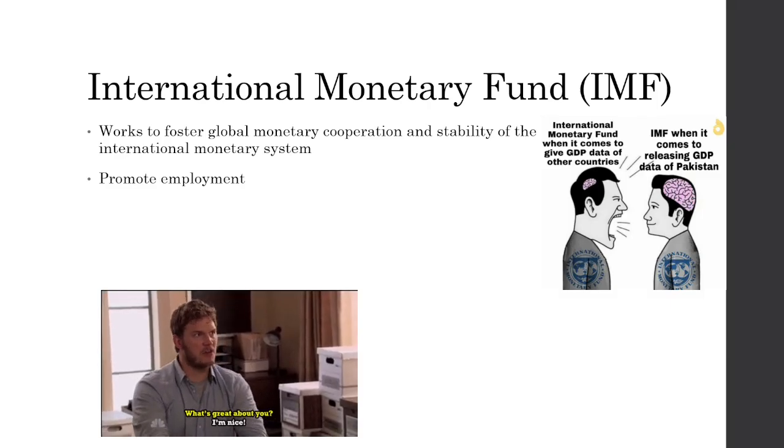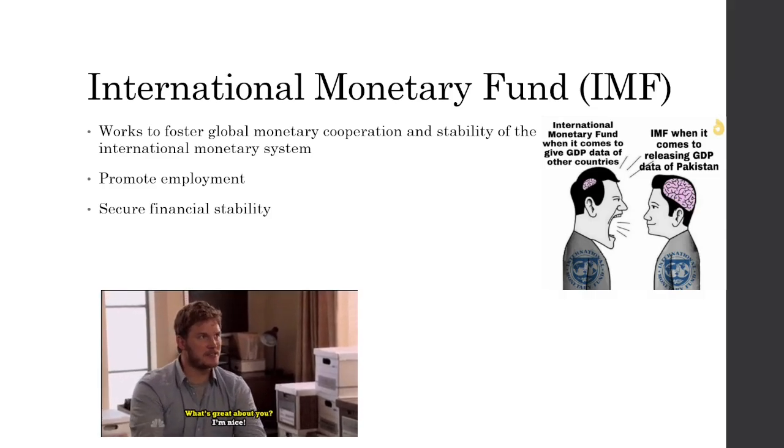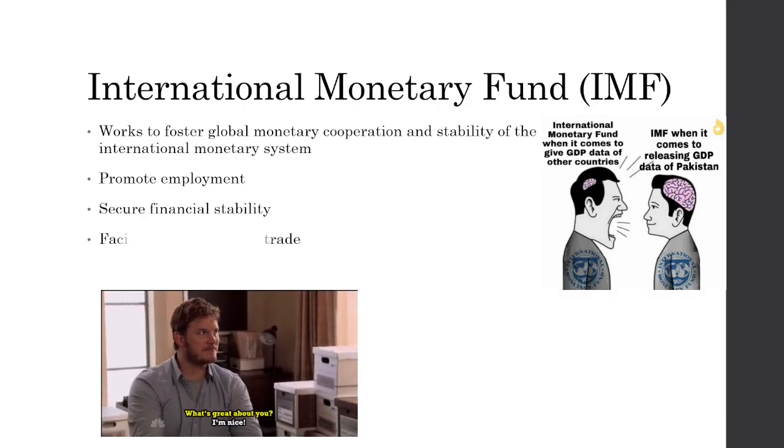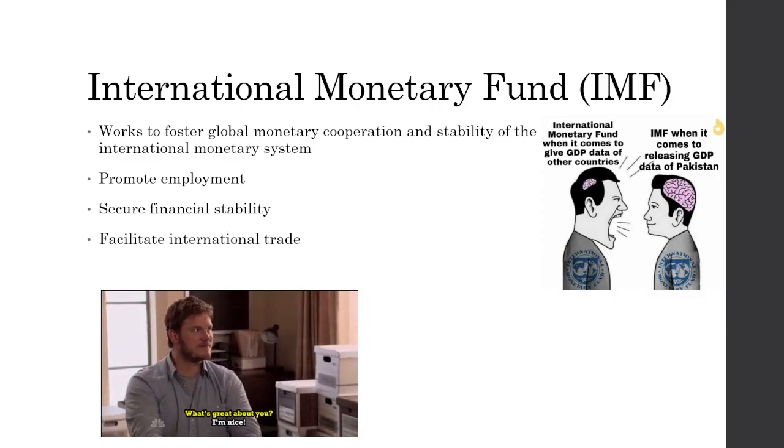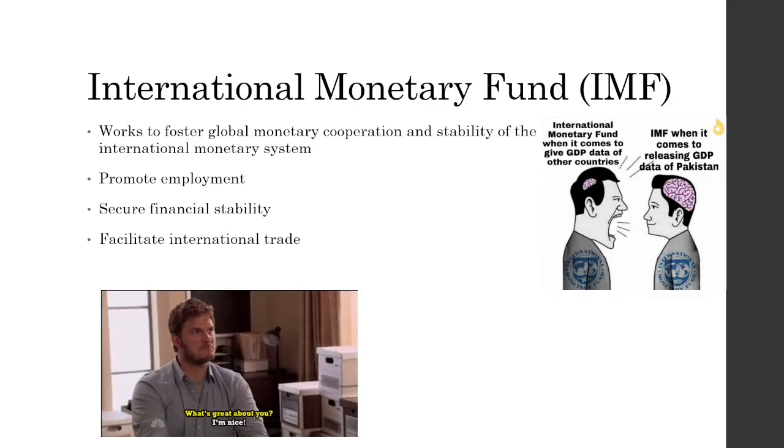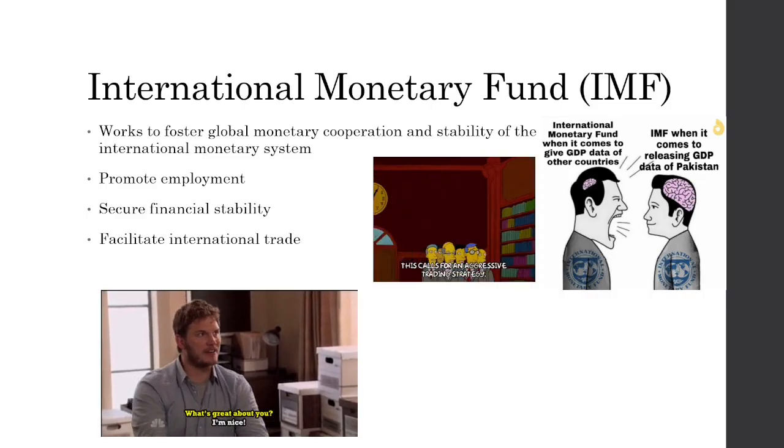It's to promote employment within the country so people can have income and financial security. And it's also to secure financial stability within the countries, and facilitate international trade and the use of currencies and currency exchange for goods and services. So these are some of the big roles of the IMF.